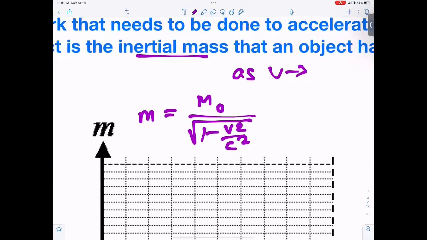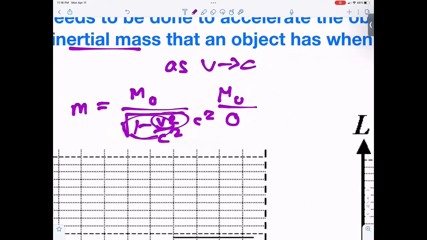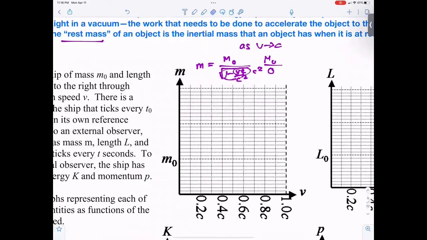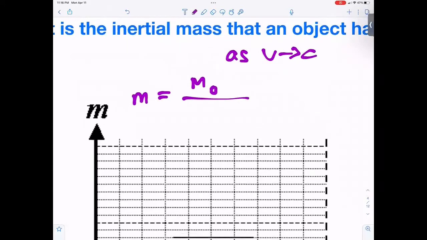As v approaches c, then v squared approaches c squared, right? And c squared over c squared is 1, and 1 minus 1 is 0. So when we divide by essentially a 0 denominator, we get an infinite mass. As the object approaches the speed of light, the denominator gets closer and closer to 0, which means the mass becomes infinitely large.